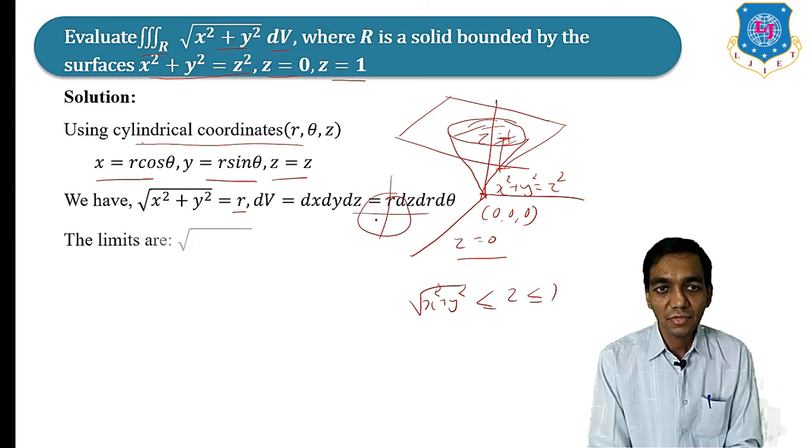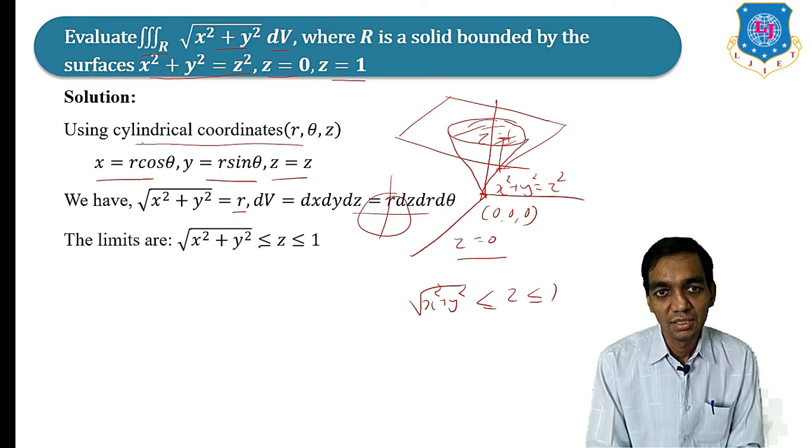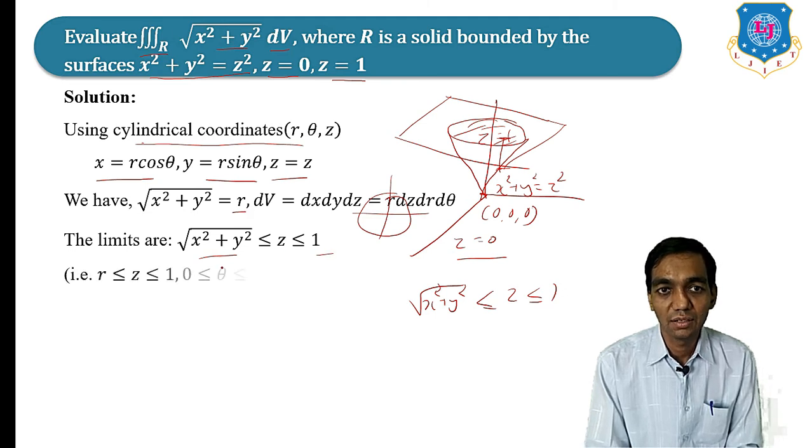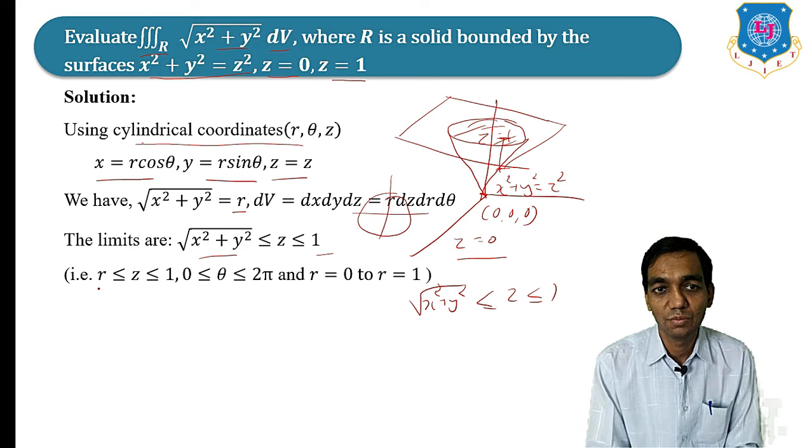Correct? Now, if you put the limits, z goes from under root of x square plus y square to 1. But under root of x square plus y square is r, so the limit of z is from r to 1.